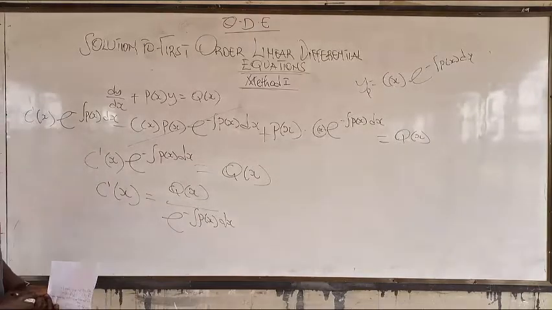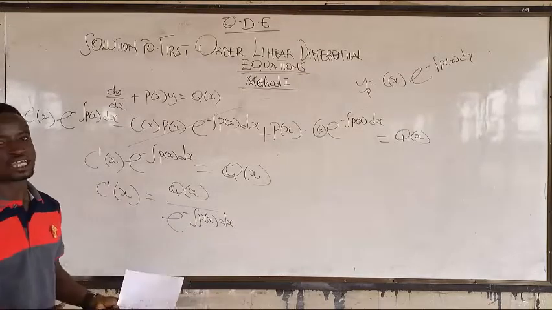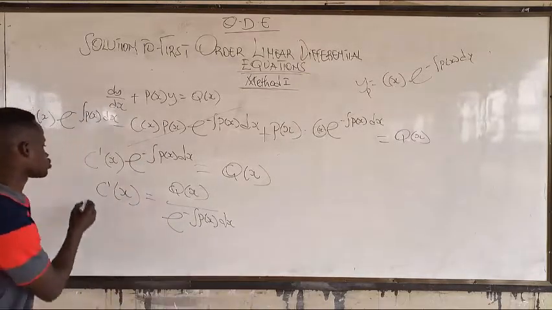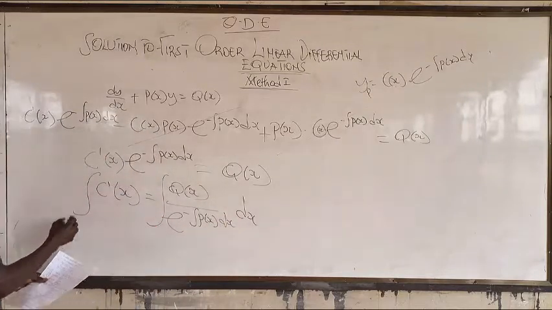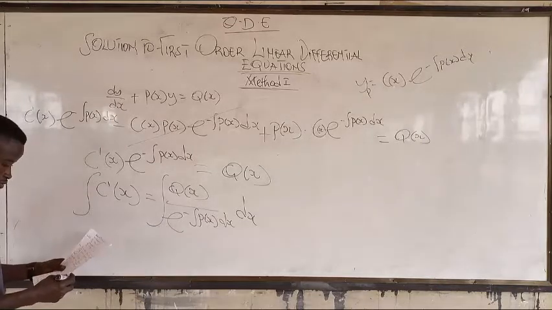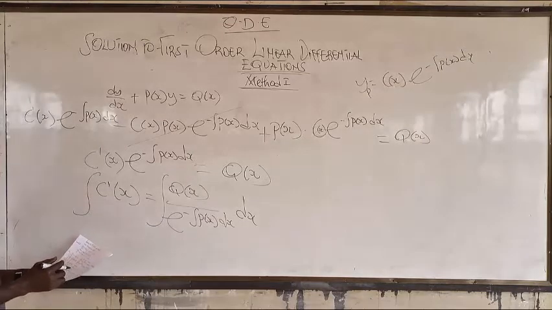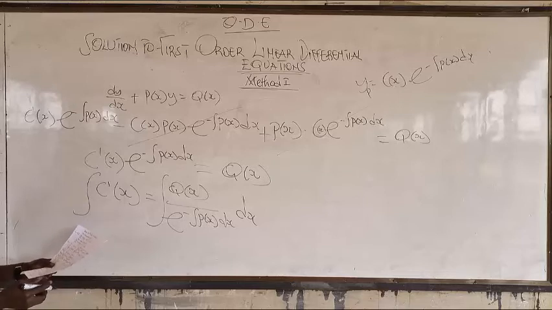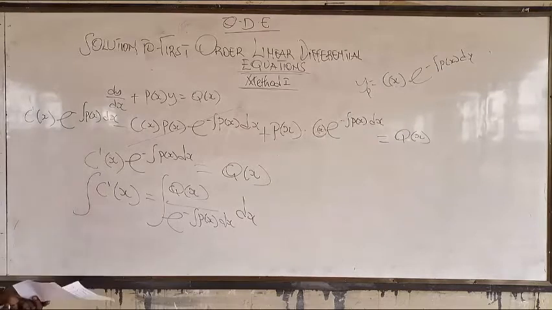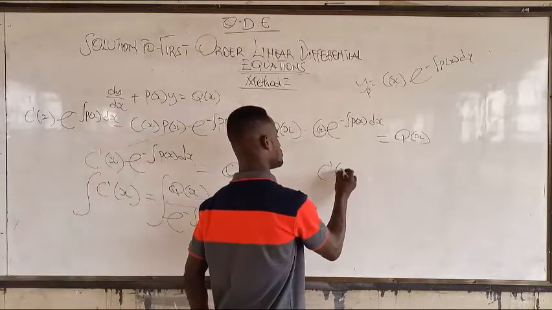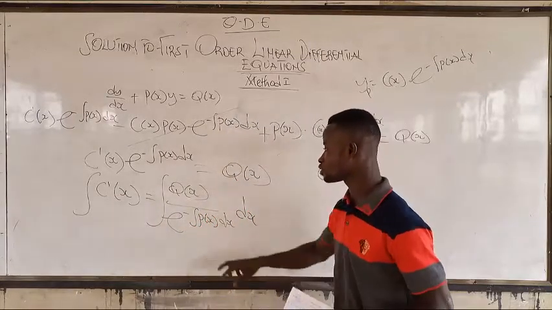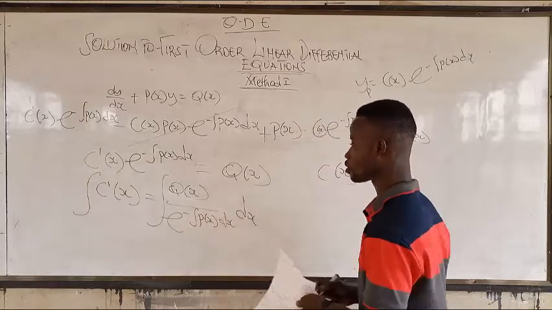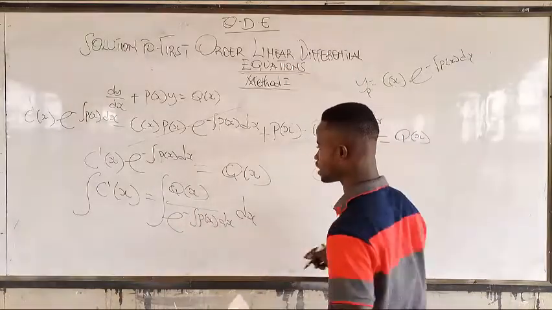So it's not C prime of S that we are looking for, but rather C of S. So we integrate both sides with respect to X. And when you integrate, you are going to get C of S equal to, now, before you integrate, you know that this one can come on top, because of the negative power, indices.